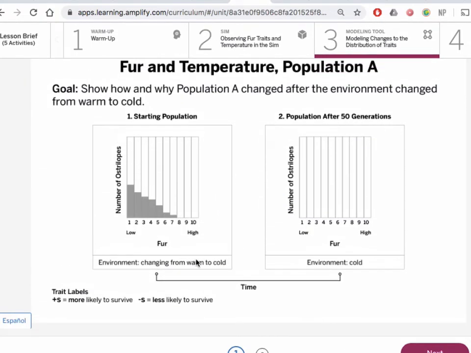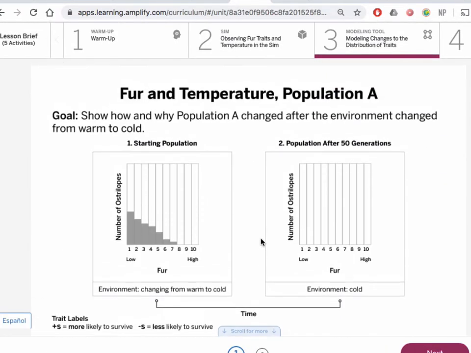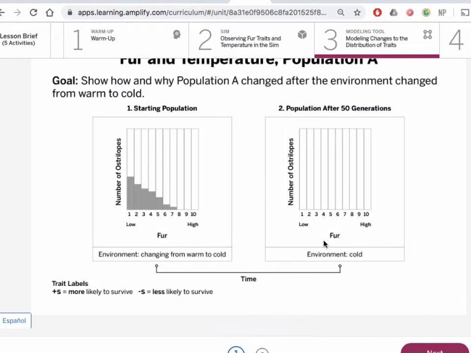So in population B, we start out with this distribution here, and after 50 generations, what do you think is going to happen to the fur? Basically, instead of printing out this piece of paper, I want you to make a prediction in your head. If I change the environment to cold, how will this distribution change?